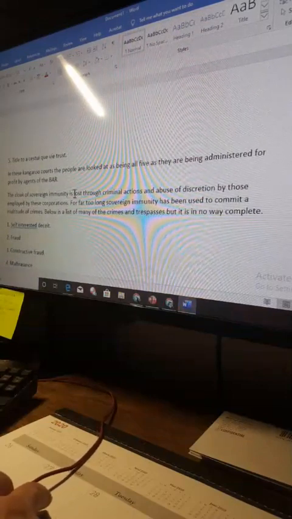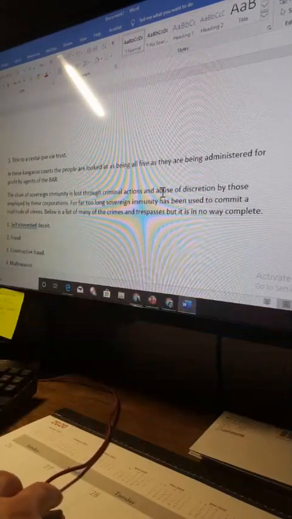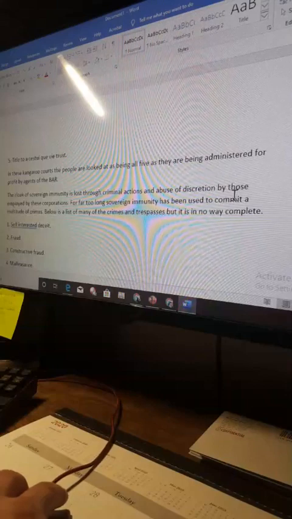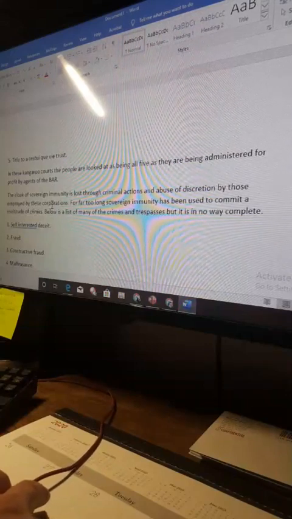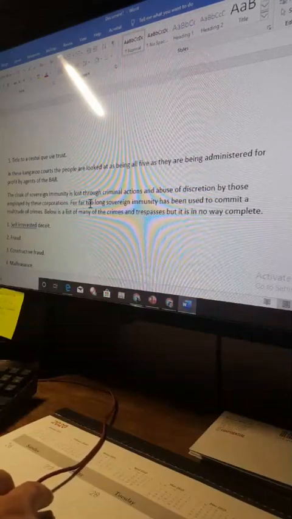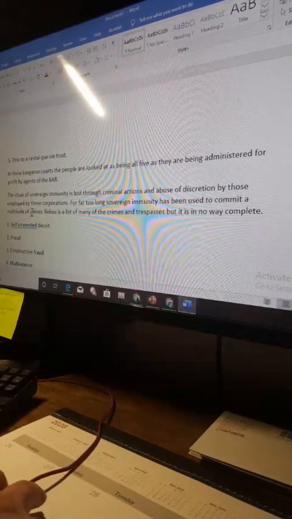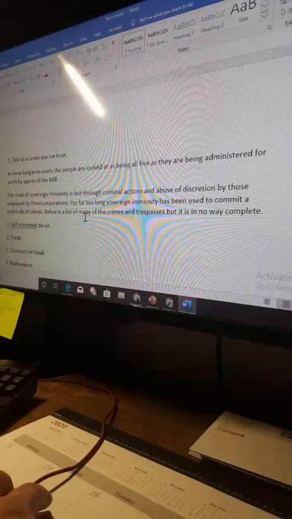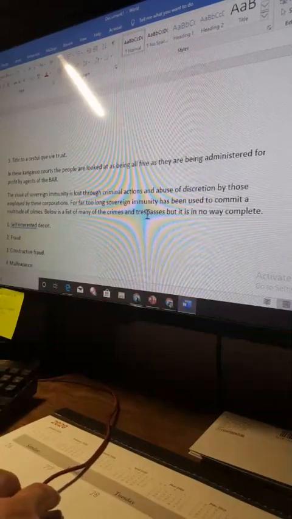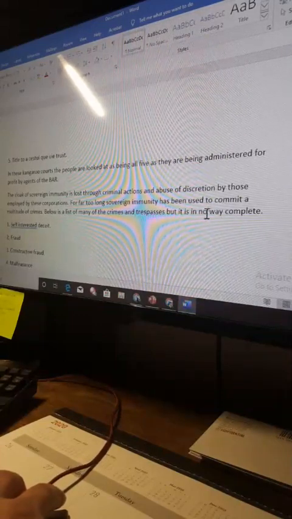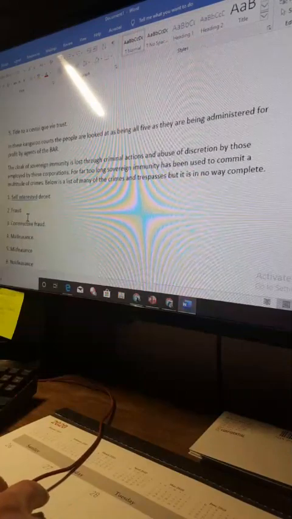The cloak of sovereign immunity is lost through criminal action and abuse of discretion by those employed by these corporations. For far too long, sovereign immunity has been used to commit a multitude of crimes. Below is a list of many of the crimes and trespasses, but it is in no way complete.